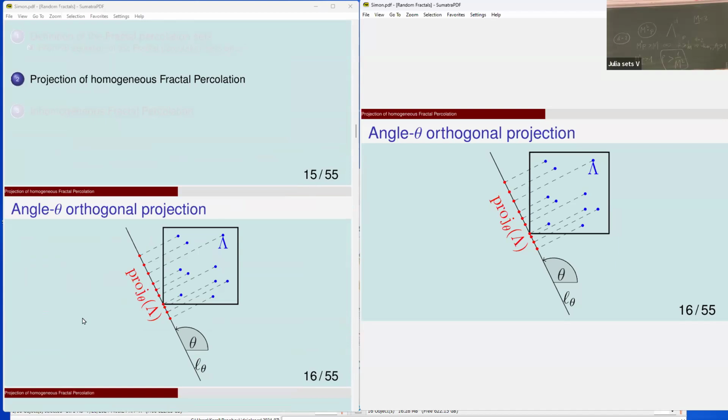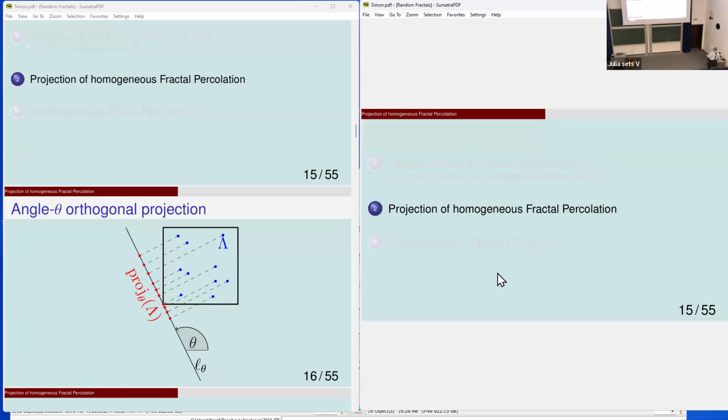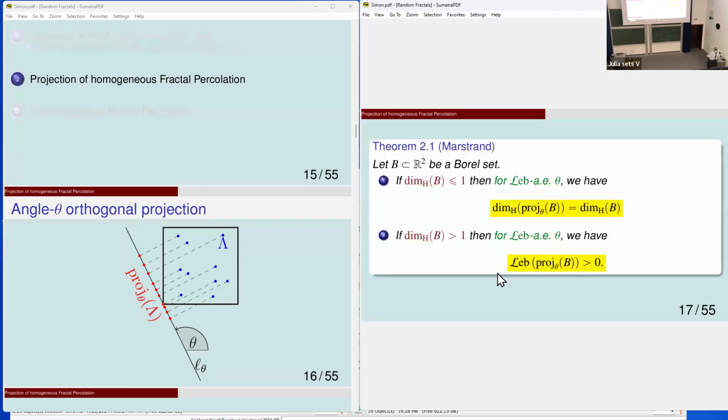And there is a very famous theorem in geometric measure theory, the theorem of Marstrand. This theorem says that if you have a set on the plane whose Hausdorff dimension is not bigger than 1, then for almost every direction the orthogonal projection preserves the Hausdorff dimension.